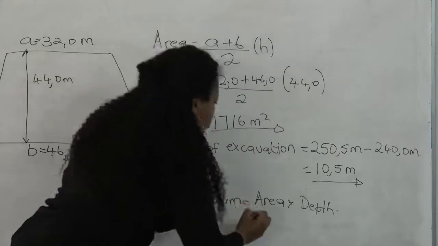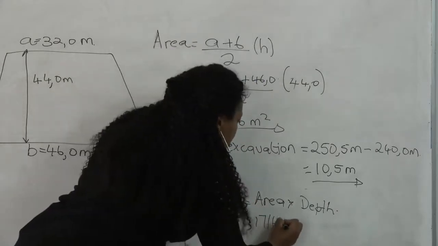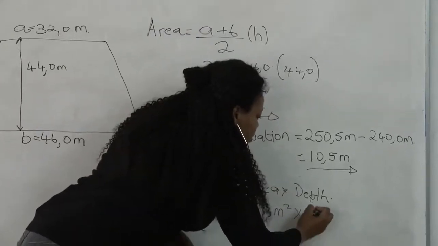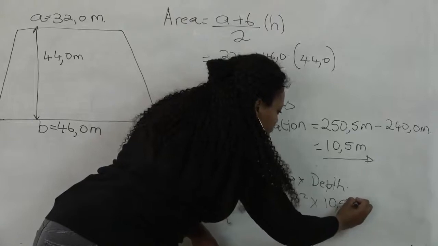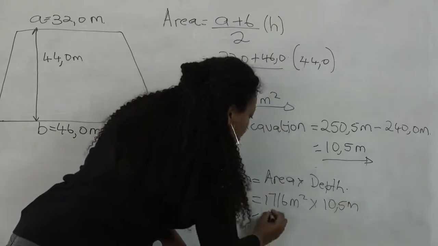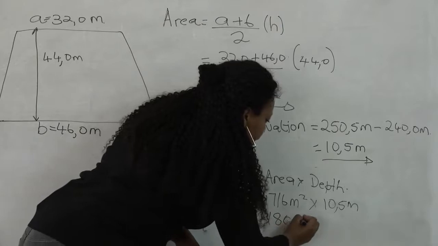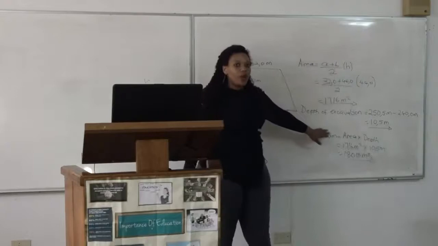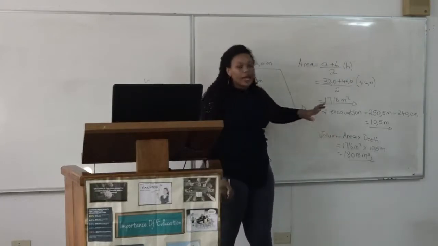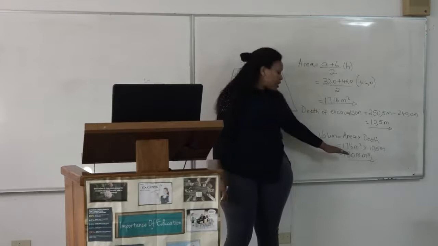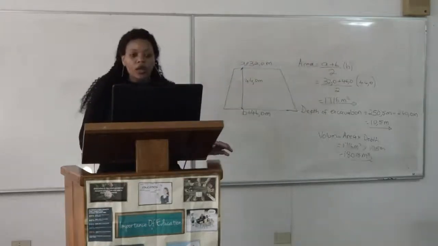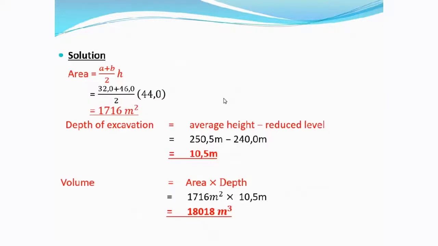Our area here is 1,716 square meters times our depth of excavation, which is 10,5 meters, which will give us 18,018 cubic meters, because now we are dealing with the earthworks. When we are calculating for the volume, the unit measurements are in cubic meters. As you can see, this is the solution here.